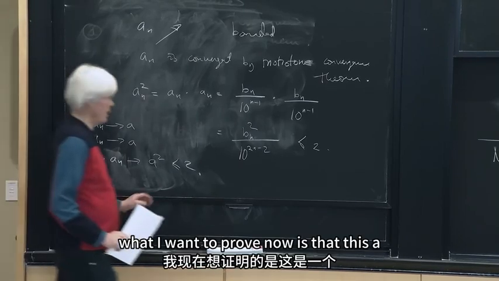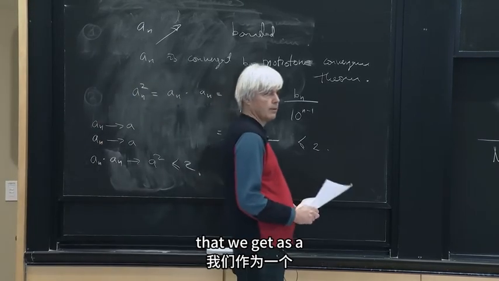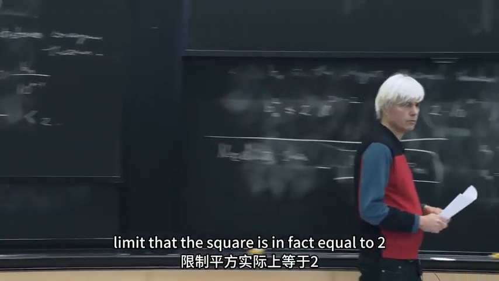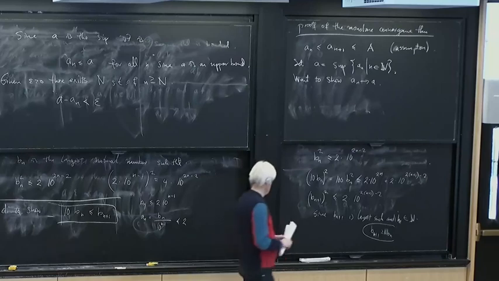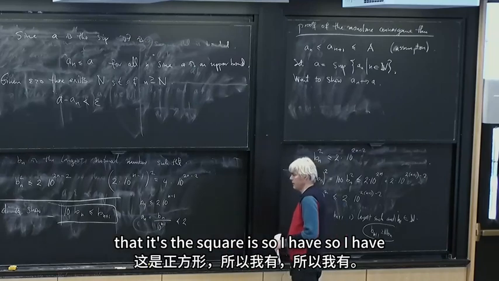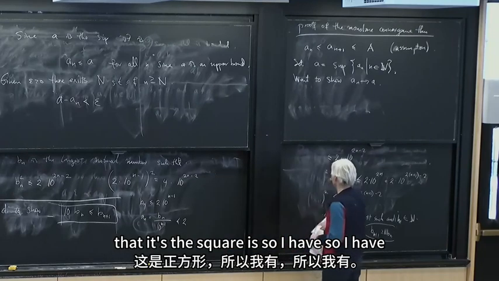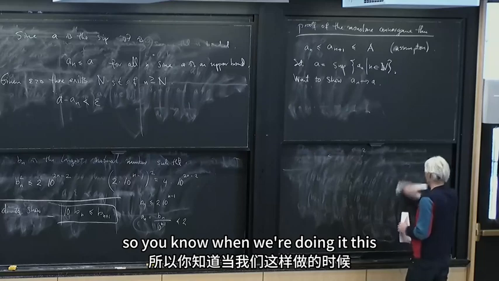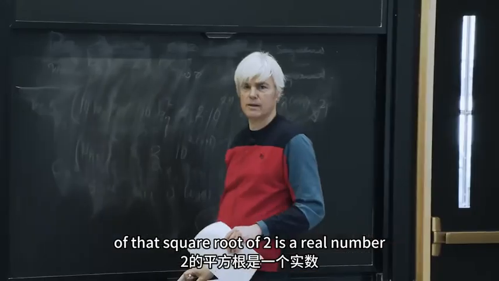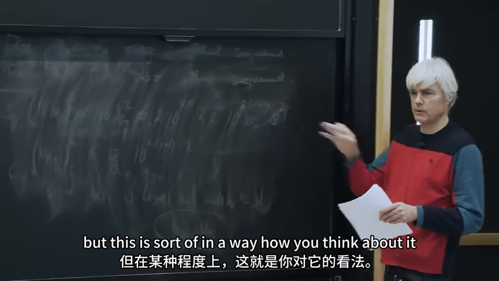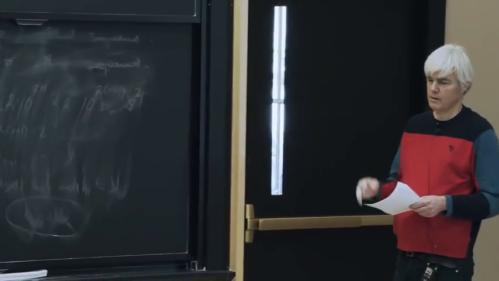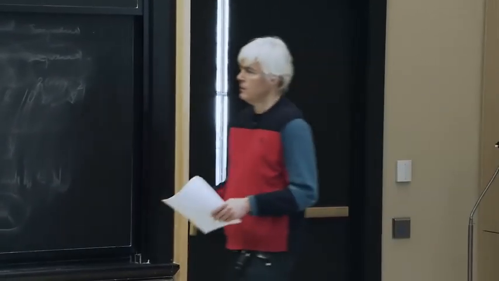What I want to prove now is that this a that we get as a limit, that the square is in fact equal to 2. This is one more proof that square root of 2 is a real number, but this is sort of in a way how you think about it in terms of the decimals, right?